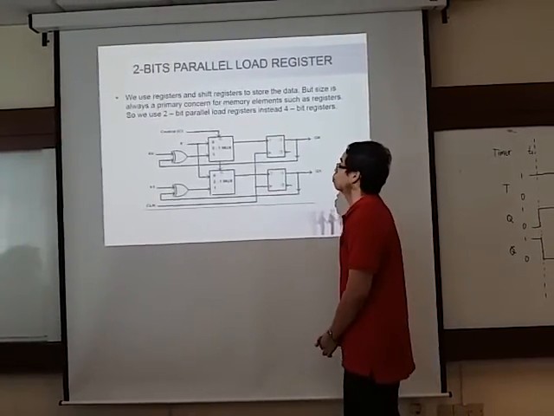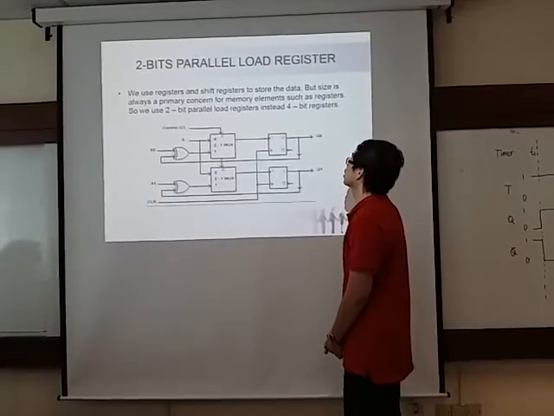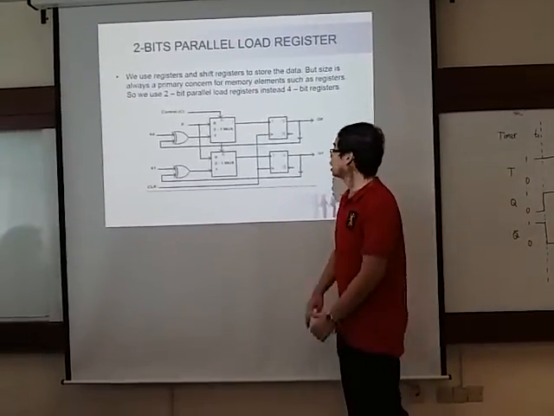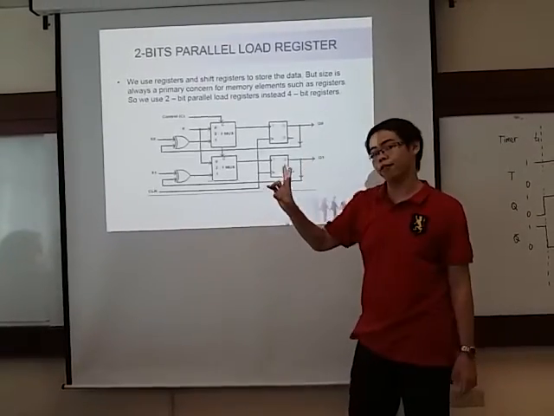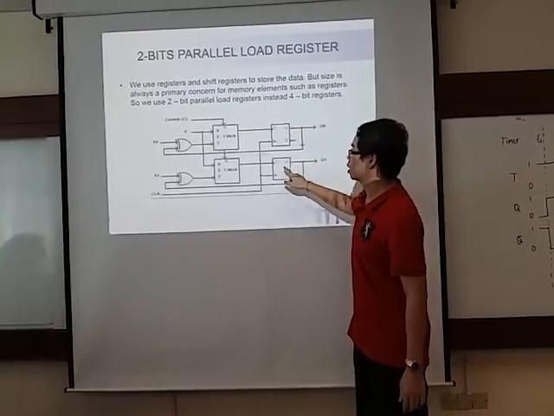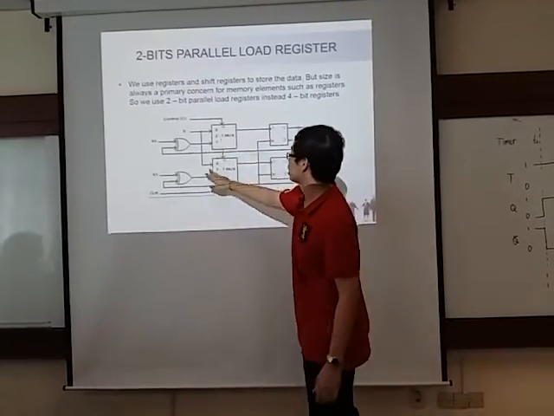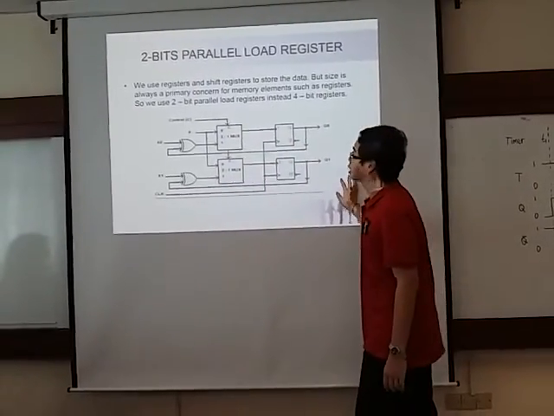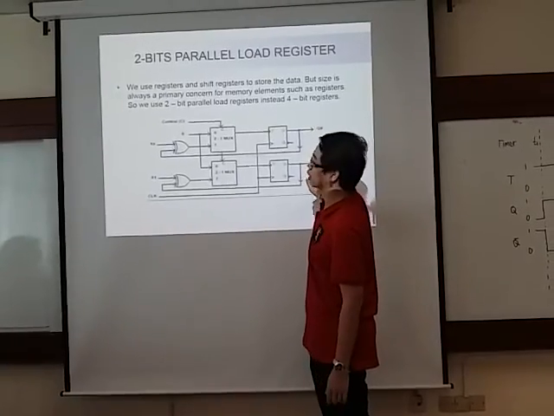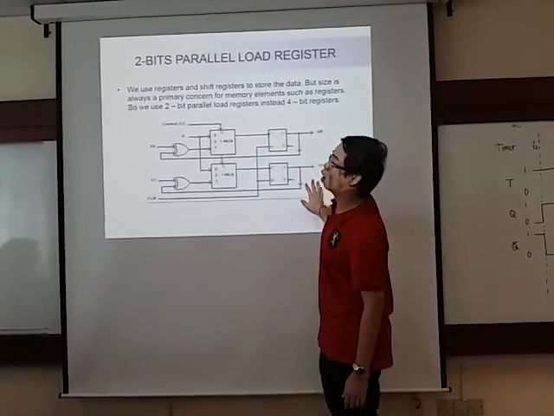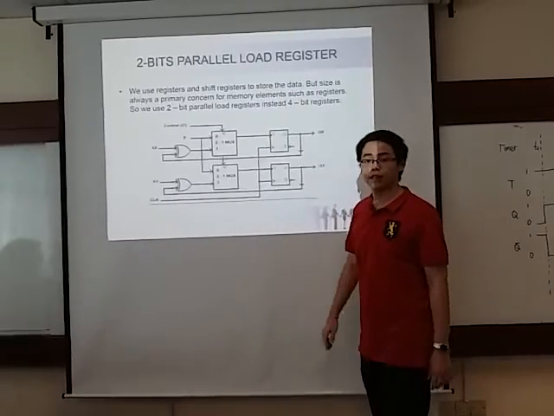So we use a 2-bit parallel load register instead of 4-bit, so that it is easier to store. You can see 2 bits means 2 T flip-flops, 2 XOR gates and the muxes. This is the setup of the parallel load register. I think this is all for the applications of the T flip-flop.